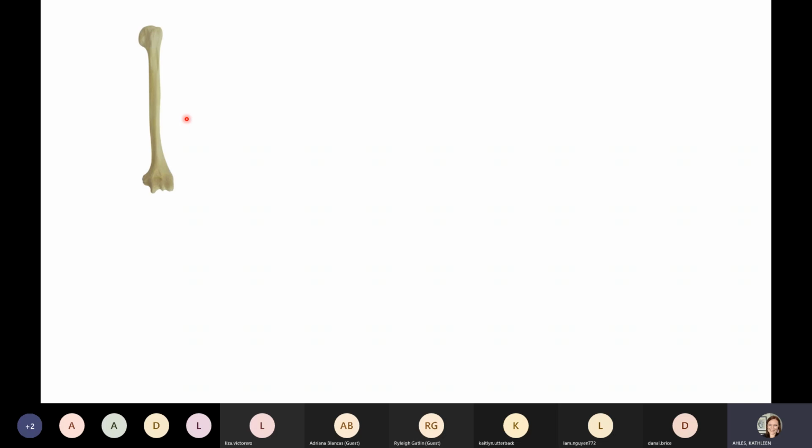What do we think the classification of the humerus bone is? What kind of bone is the humerus? We had long, short, flat, irregular, sesamoid. Yeah, several of us are classifying this as a long bone accurately.